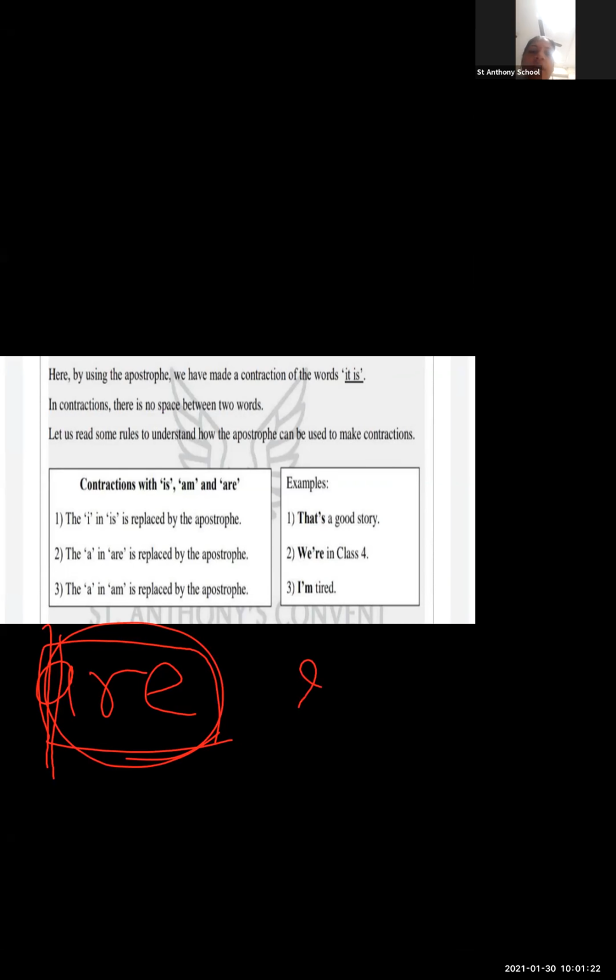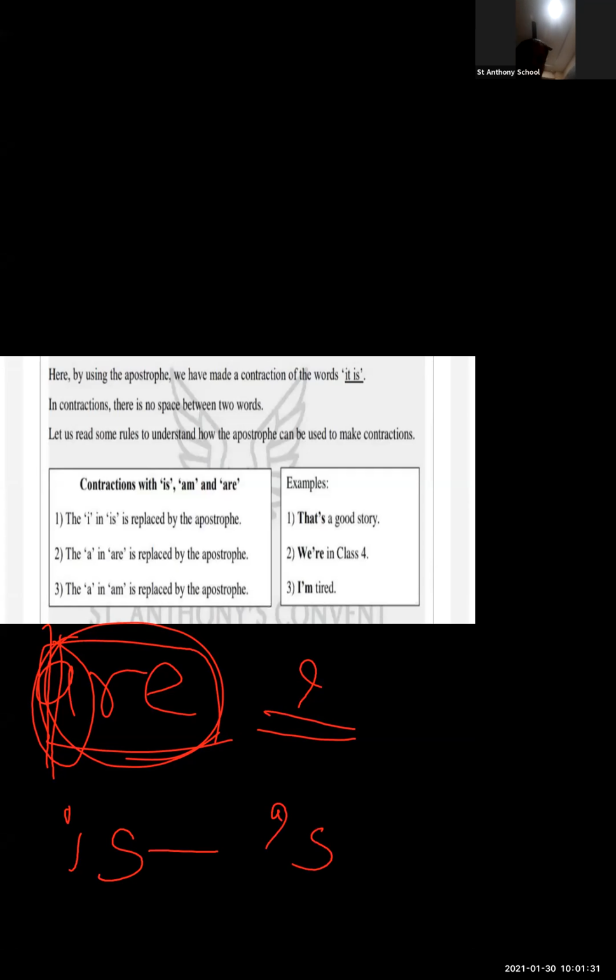What do we do? We replace the first letter with an apostrophe. If there is is, we replace it with apostrophe s. Okay, like this.